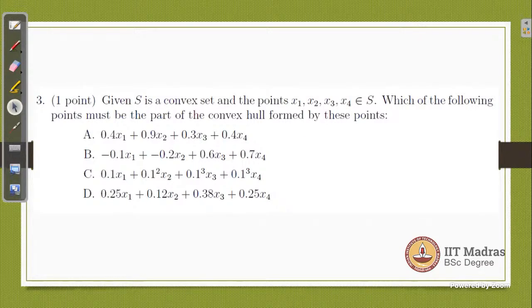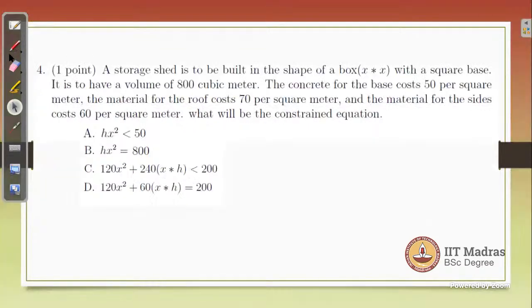The lambda value should be positive and in the range of 0 to 1, and the sum of all lambdas is equal to 1. Exactly. So as Sabit is saying, the lambda value can't be negative here. So option B can't be the right one. So the correct option will be D.